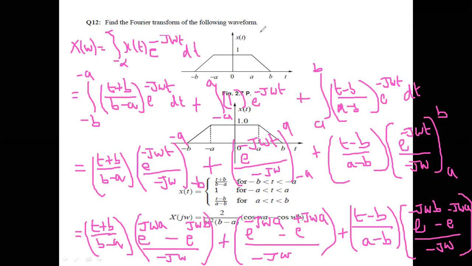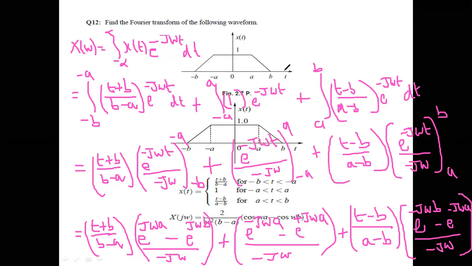We got t plus b minus a, e^(jωa), e^(jωb) by −jω, and e^(−jω) e^(+jω) by −jω, and e^(−jωb) e^(−jω) by −jω.